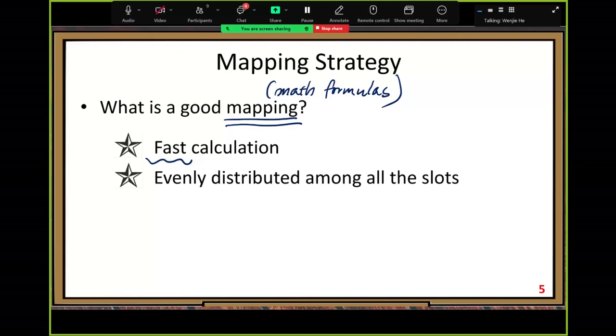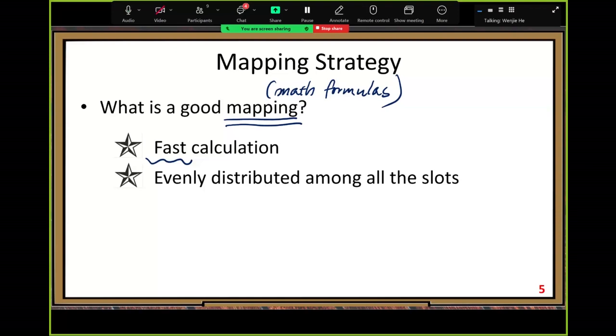Second property, evenly distributed among all the slots. Think about it, because there is a possibility you may map several elements into the same slot, right? Think about that situation. It's a bad situation.